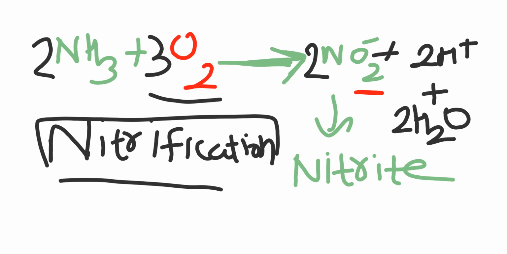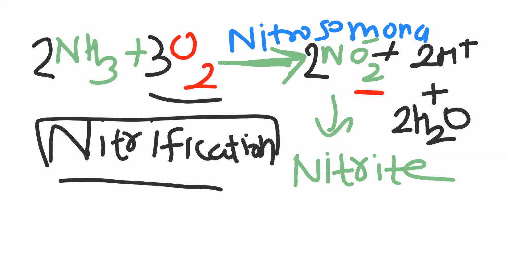The ammonia released from dead bodies, some of it escapes into the atmosphere due to its volatile nature, but a larger quantity converts into nitrite with the help of soil microbes. Which microbes? First, Nitrosomonas. Okay. First is which one? Nitrosomonas.